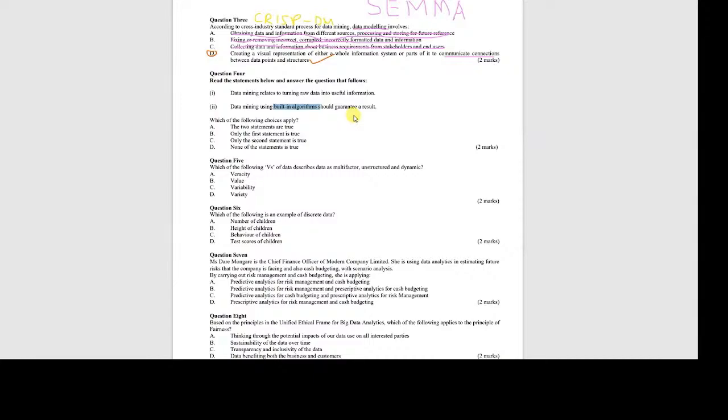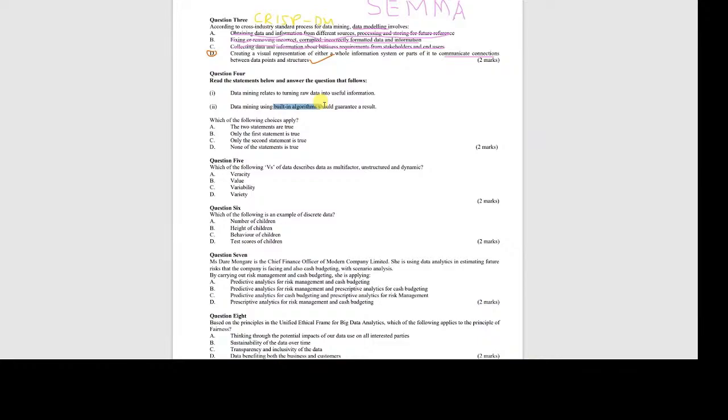So data mining tools often come with built-in algorithms that can be used to analyze data and extract insights. And candidates, while these algorithms can be very effective, in some cases they may not guarantee results.